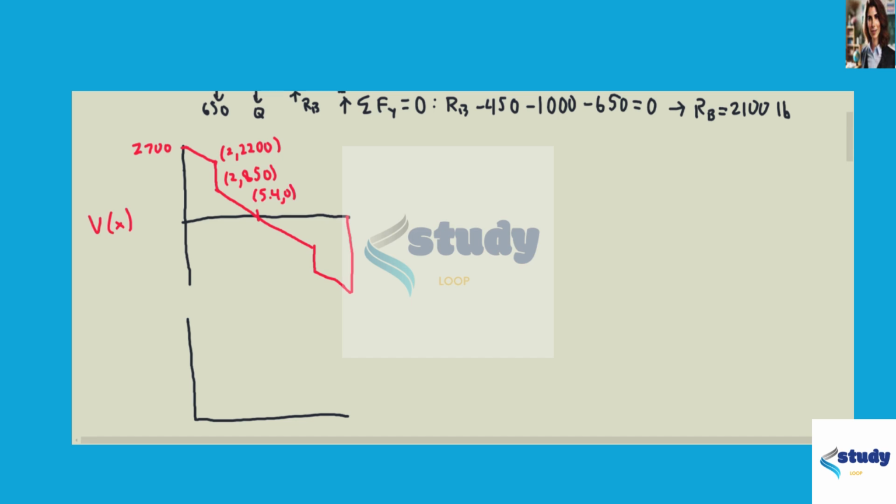We're going to have this point 10 and minus 1,150, then 10 and minus 1,600, and 12 and minus 2,100.